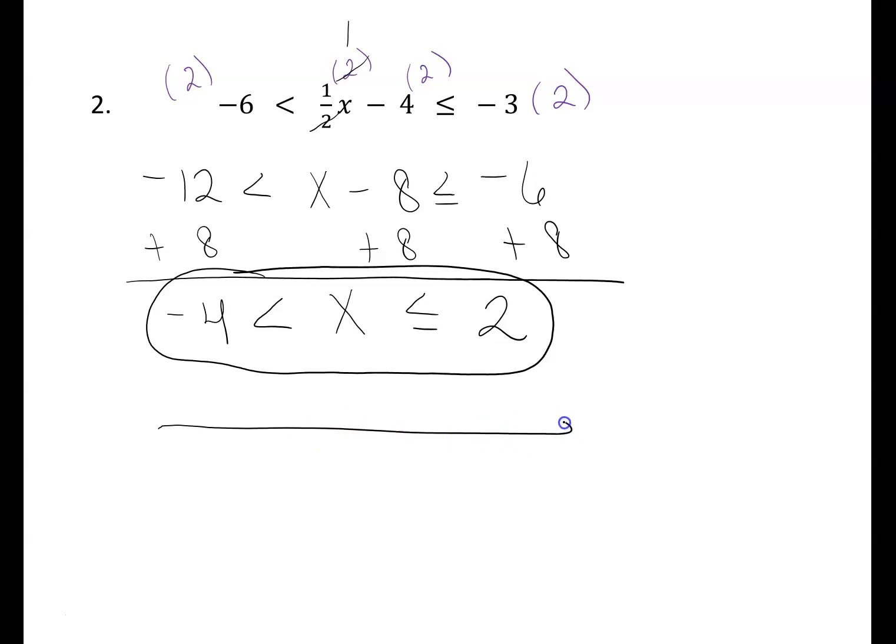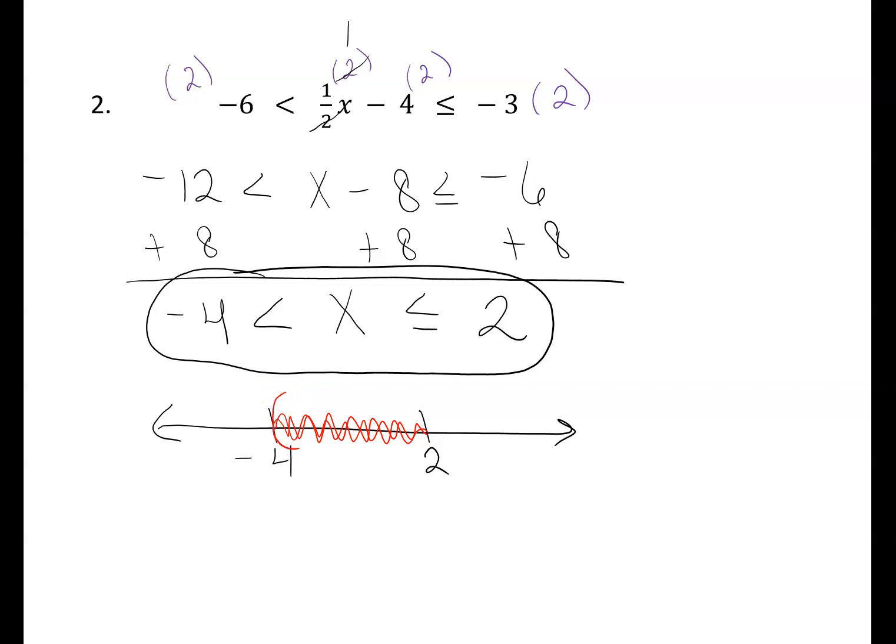Let's graph on the number line. Always make sure your smaller number is on the left. x is greater than negative 4 and less than 2, so x is between. The negative 4 does not have the equal to, so we're going to use parentheses.